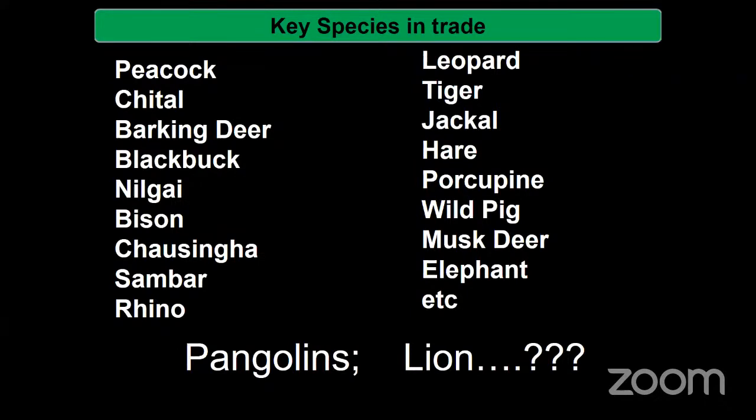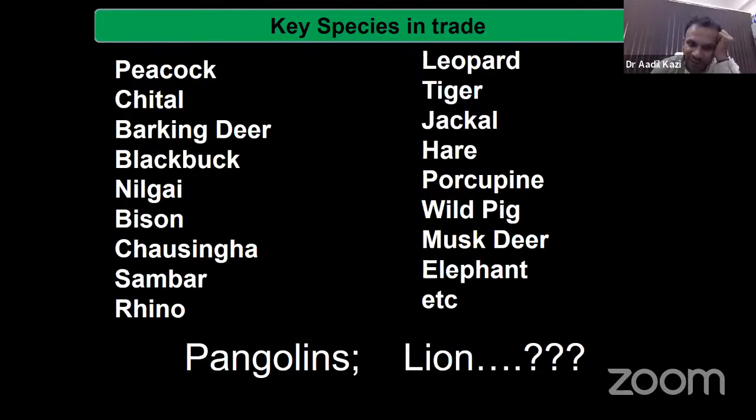Yes, sir. Yeah. Pangolin. Pangolin. Yeah, obviously. Right. So people think that the poachers are targeting tigers a lot. But more than tiger, it's pangolin. The pangolins are being killed for their scales that are being used in various traditional Chinese medicines.